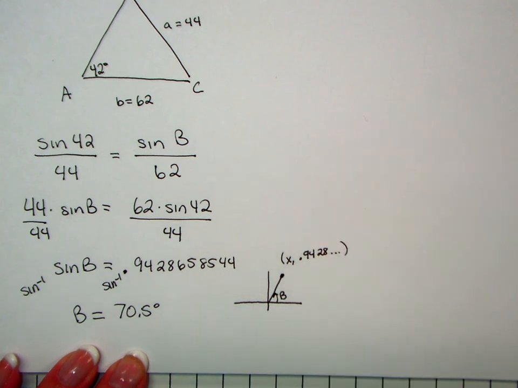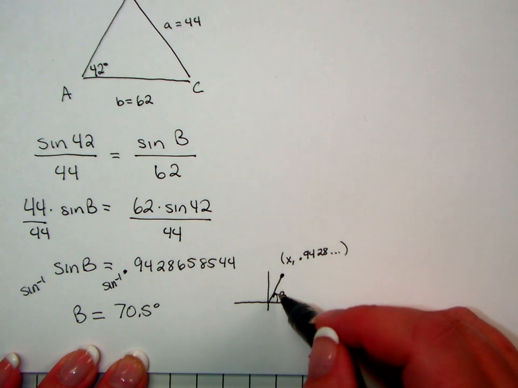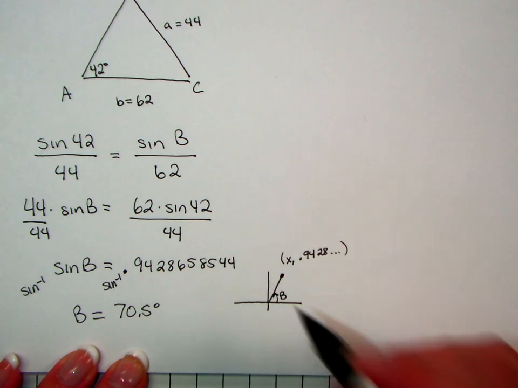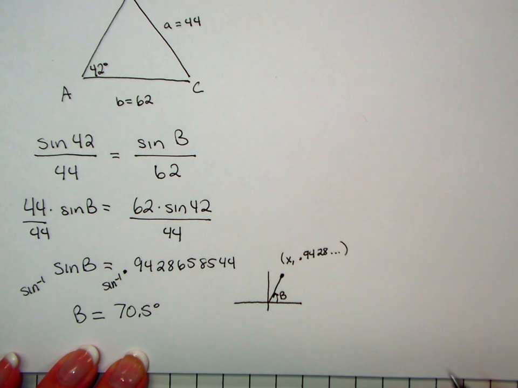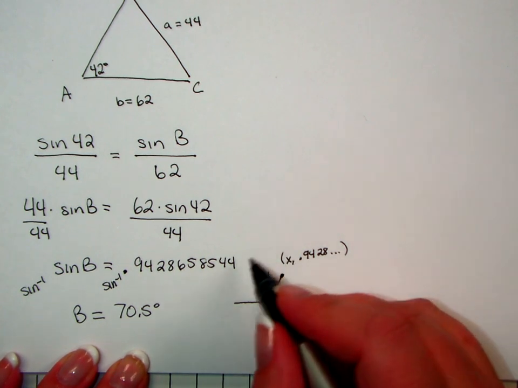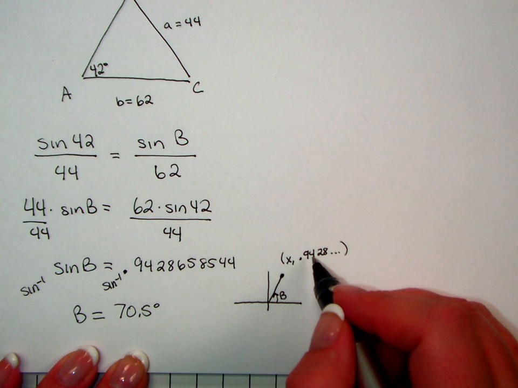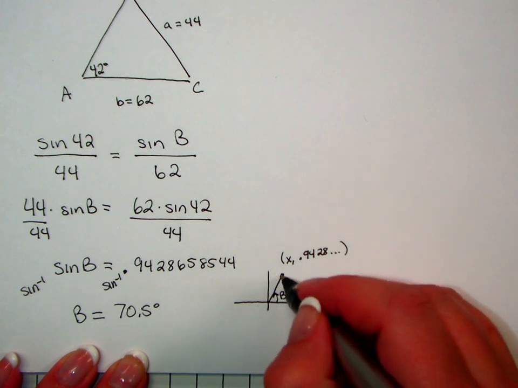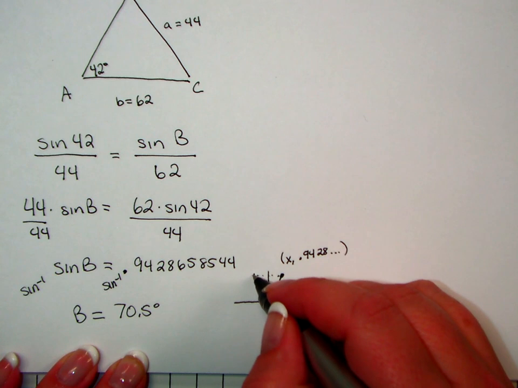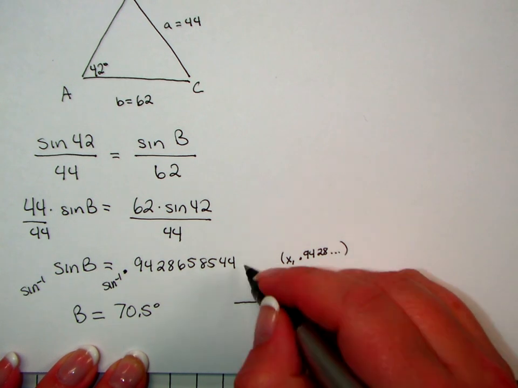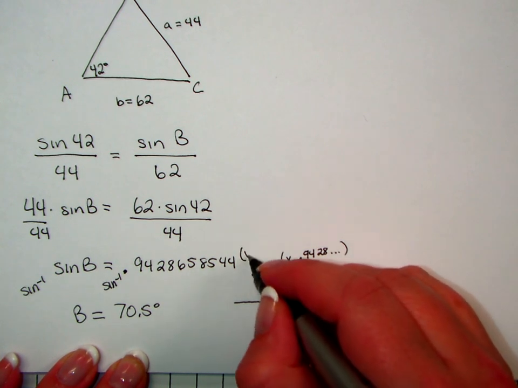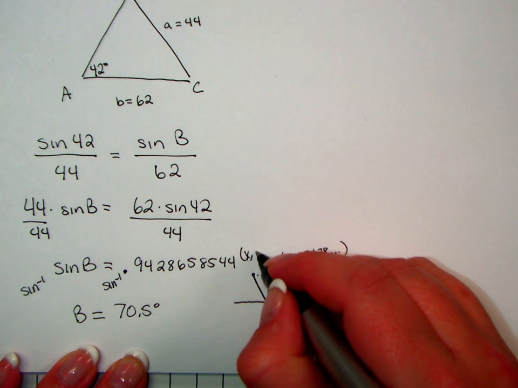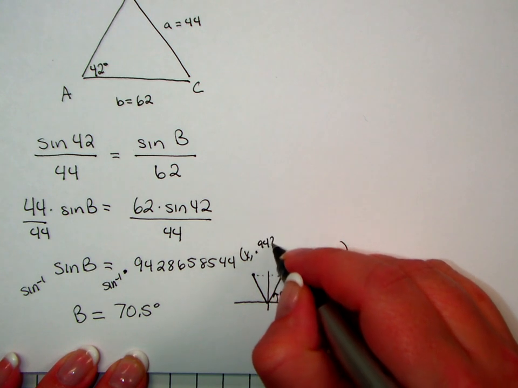So from solving these equations, you remember that there's always more than one solution from 0 to 360. There's always two fundamental solutions. So where on the unit circle is the sine value also equal to 0.9428? Right, that's the y value. So over here, there's another point on the unit circle that has a sine of 0.9428.